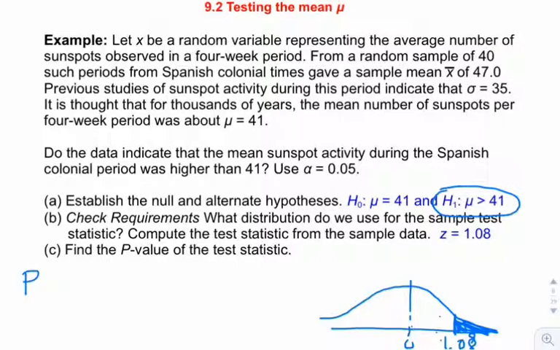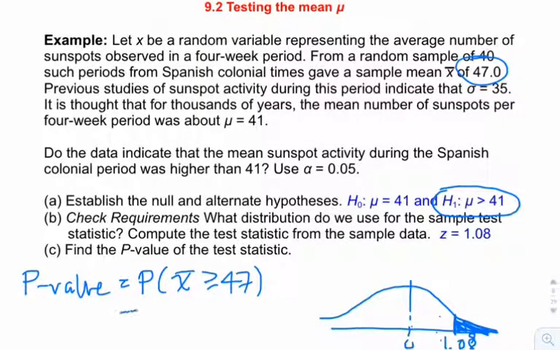So our p-value is going to be the probability that x bar is greater than or equal to, what was our x bar, 47, which is the probability that z is greater than or equal to 1.08.